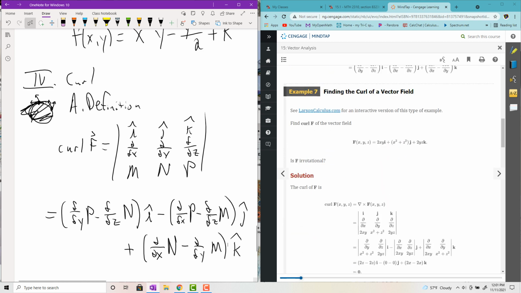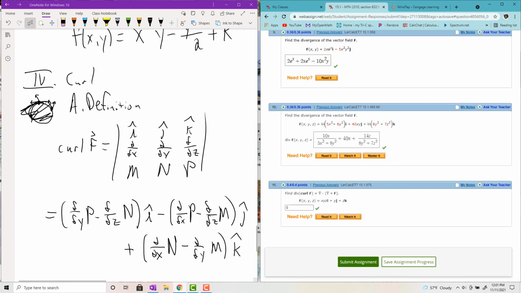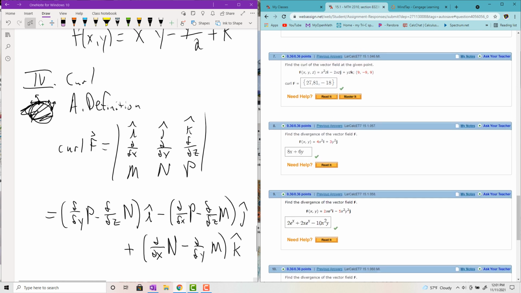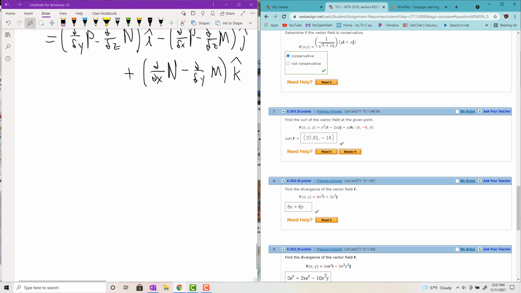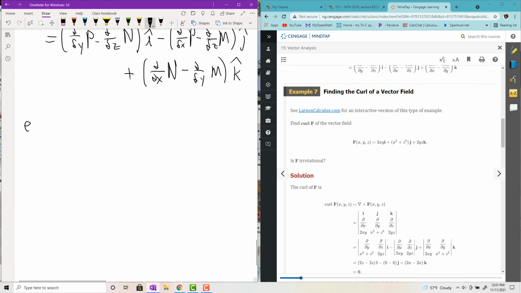Okay, so let's find the curl of a vector field. Maybe even do the homework problem. Number 7, they only give you one, so let me do the one in the book. Example 7, we have the vector field 2xy, x squared plus z squared, and 2yz.